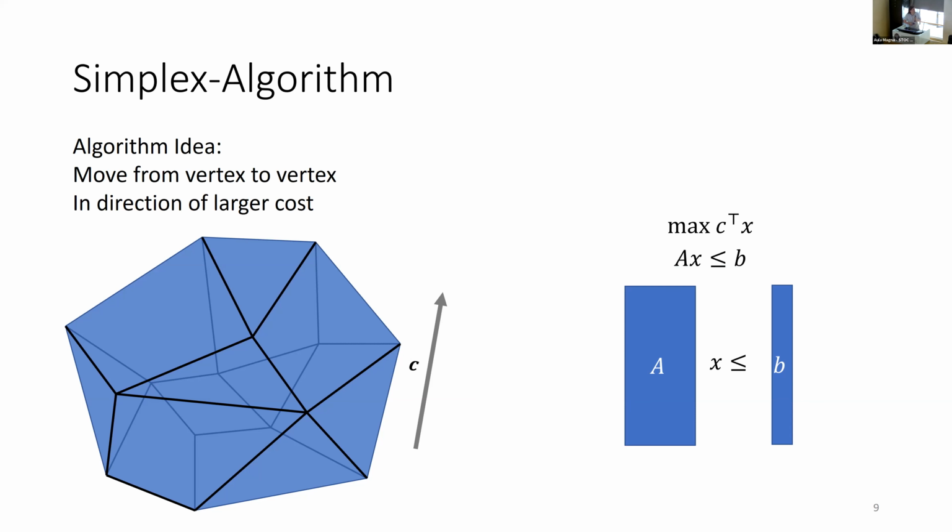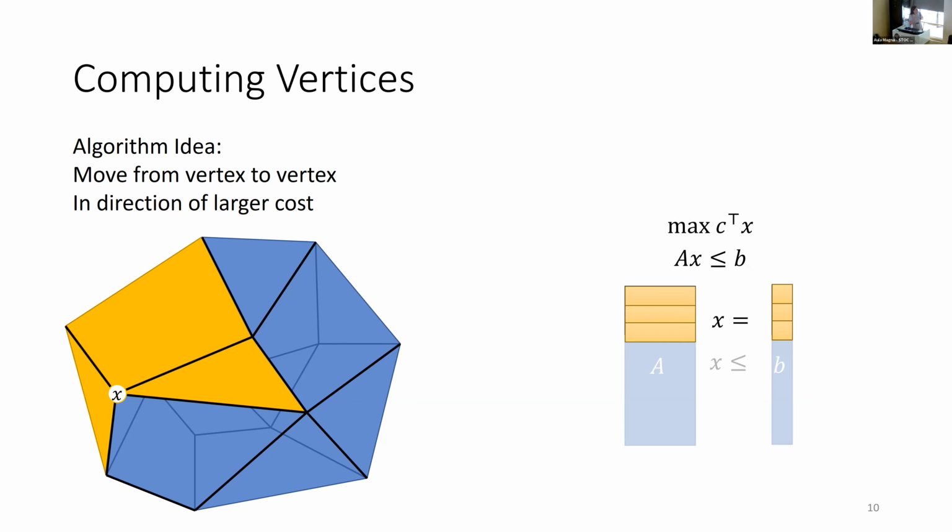And what the simplex algorithm does is it kind of just starts at one corner and then moves along the edges from one of these vertices of the polytope to the next until it reaches the optimal solution. Now what kind of computation do we have to perform here? If you look at the actual implementation of the simplex algorithm, what you can argue is that in every iteration, you have to solve, instead of this system of linear inequalities, a system of equalities.